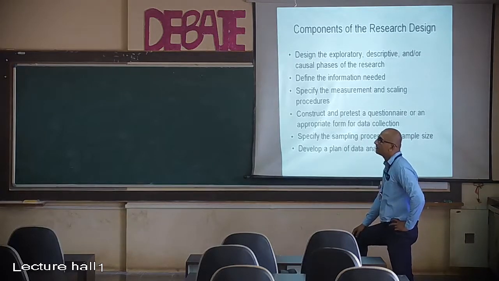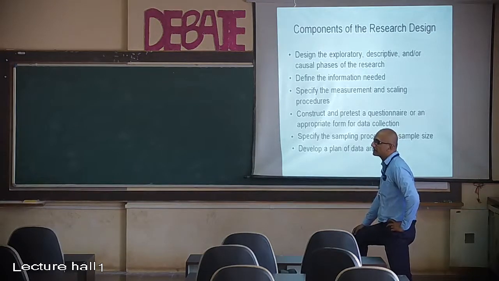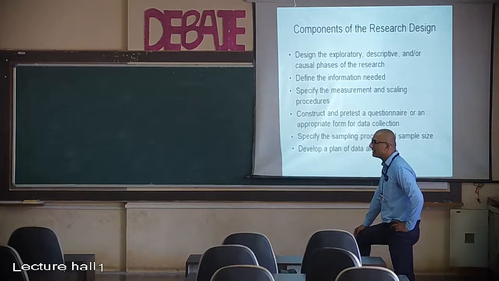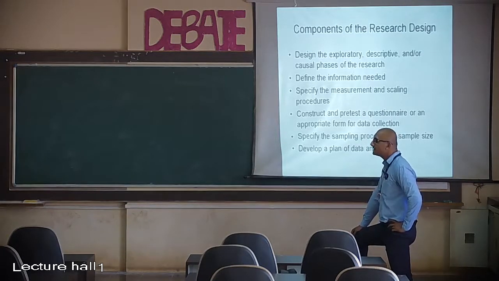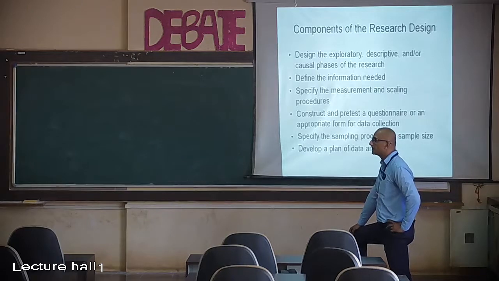How am I choosing the sample? Suppose I want to make a sample size of, say, 15. Now, out of these 60, does everybody stand an equal chance of being represented in the sample? If the answer is yes, then we can say that this is a probabilistic sampling method.